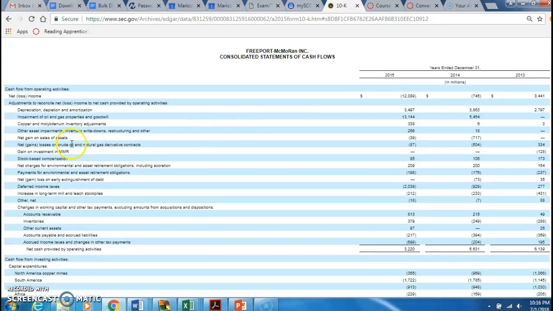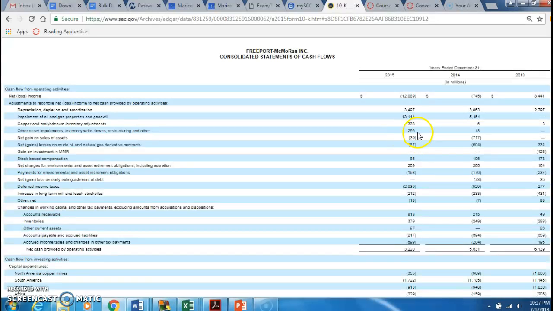So the next adjustments after those first four, that start with net gain on sales of assets and go through the other net, a lot of these lines contain gains or payments. So you'll notice that the gains will be subtracted when it's gains.